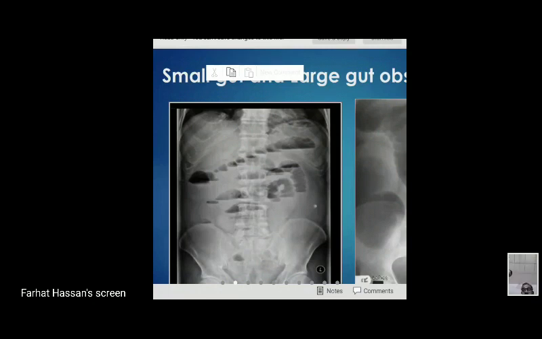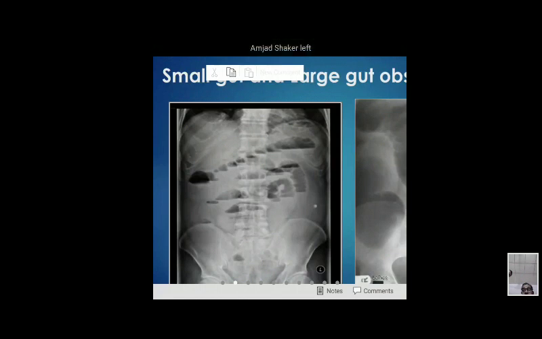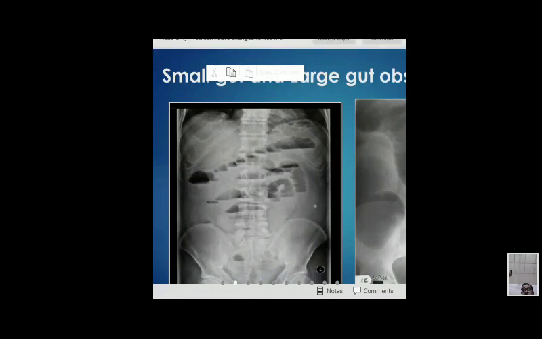So in case of small bowel obstruction, in case of proximal small bowel obstruction, vomiting is the main feature. But in case of distal small bowel obstruction, the central abdominal pain is the main feature.